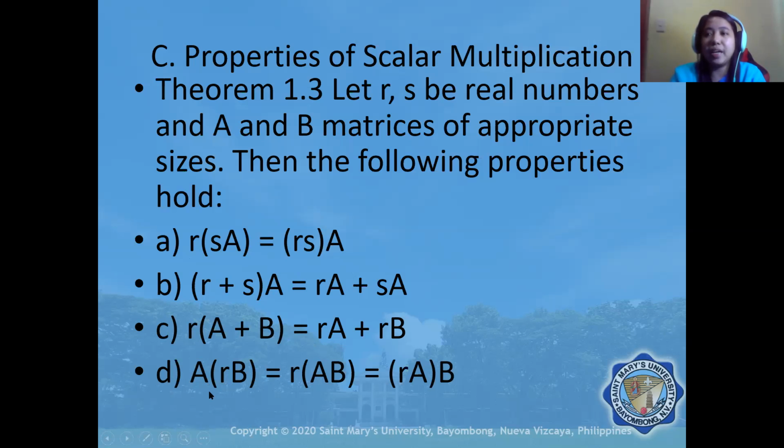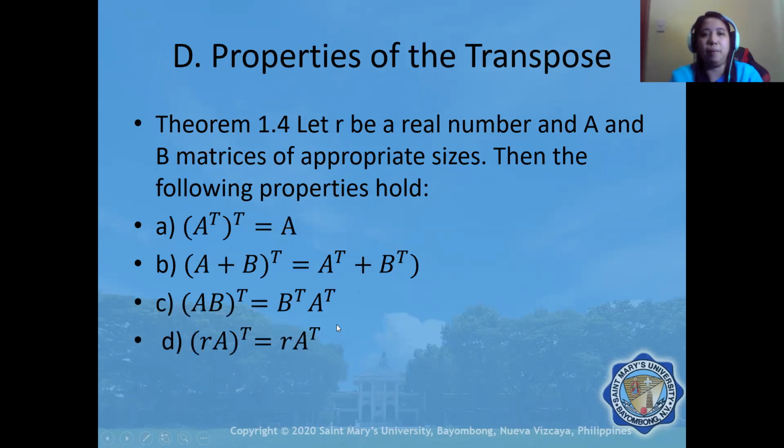And also with letter D, if we consider matrix A multiplied by the product of the scalar value with our matrix B, it is the same even if we first get the product of A and B before multiplying it by the scalar, or if we first get the product of the scalar and matrix A multiplied by matrix B.